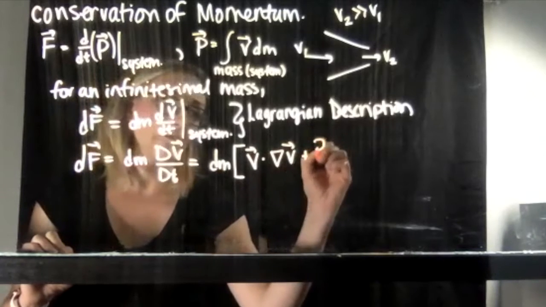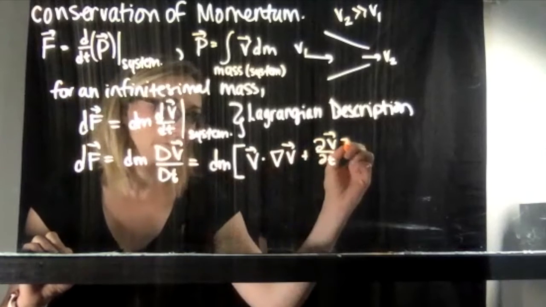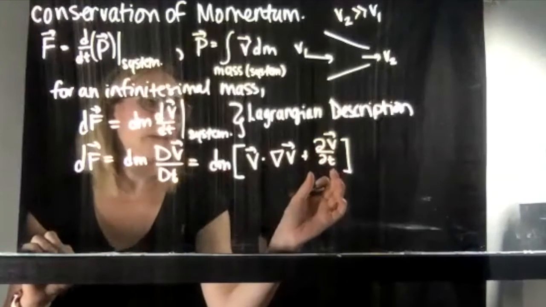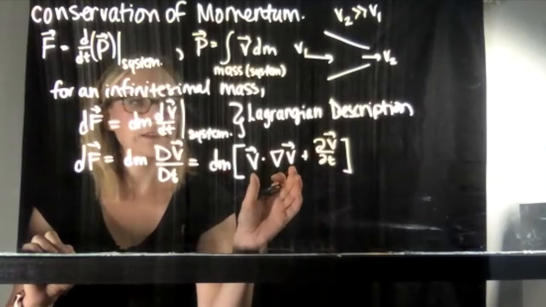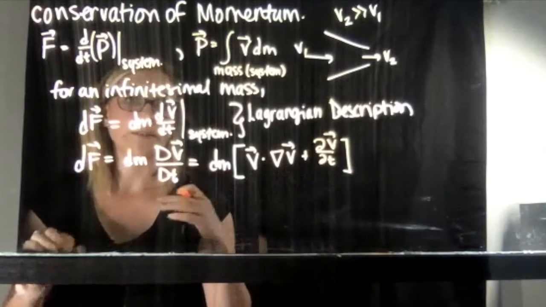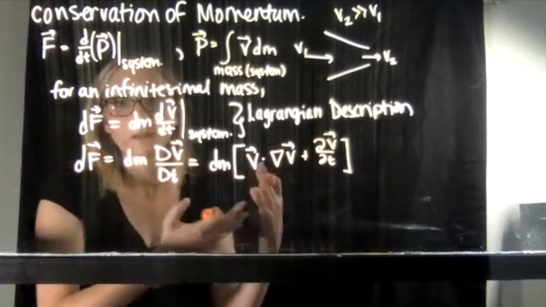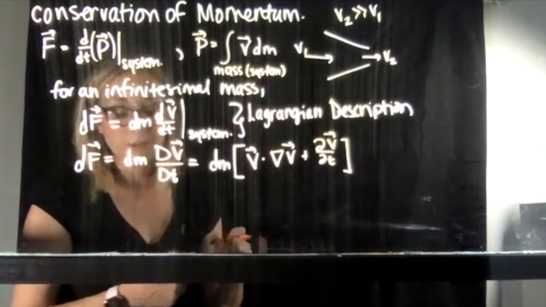And then we have our time derivative part. Just to remind you, this is the unsteady part of the derivative, and this is the convective part. So this is the part of the acceleration that arises because of fluid particles being convected along with a surrounding flow field.